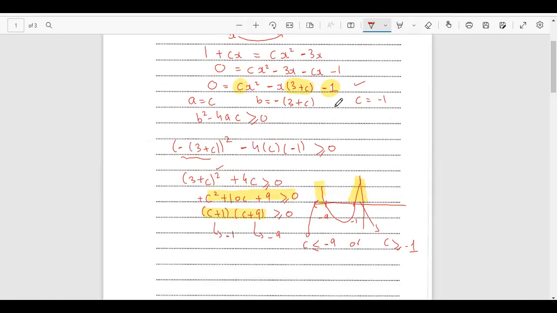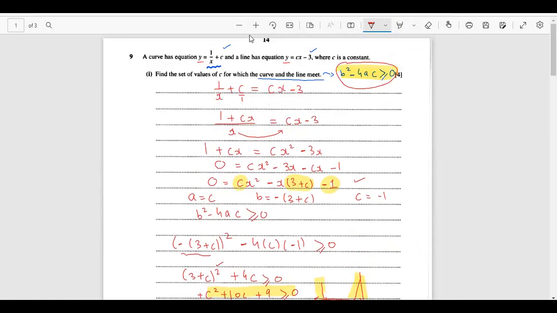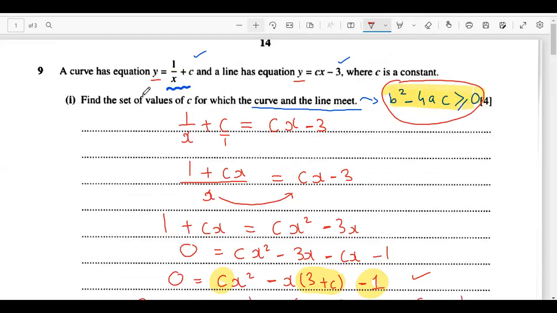Okay, so I'll just go through it once again, and then if you have any queries you can ask me. Again, this was a typical question we have been discussing already. We had a curve that was not quadratic. This was the only difference, right? Then we had a line, and we were told that you need to find the set of values of c for which the curve and the line meet. Now we know that we have two scenarios where the curve and the line meet.